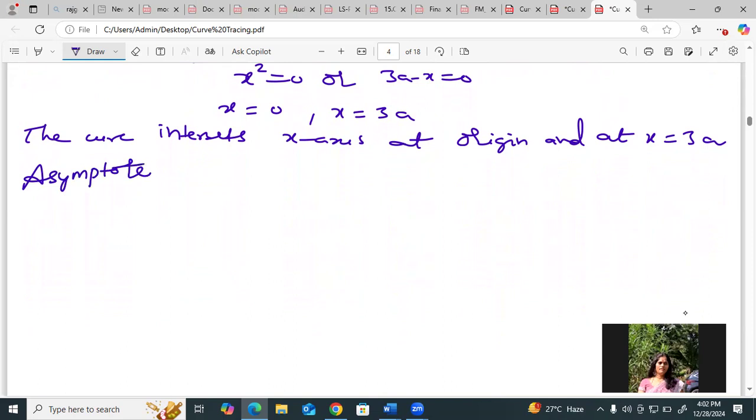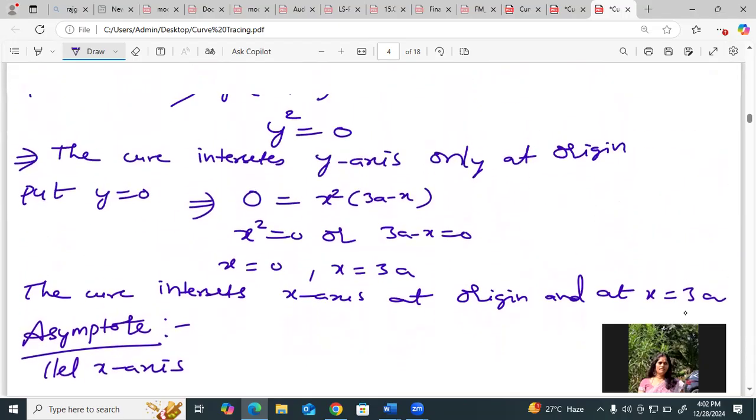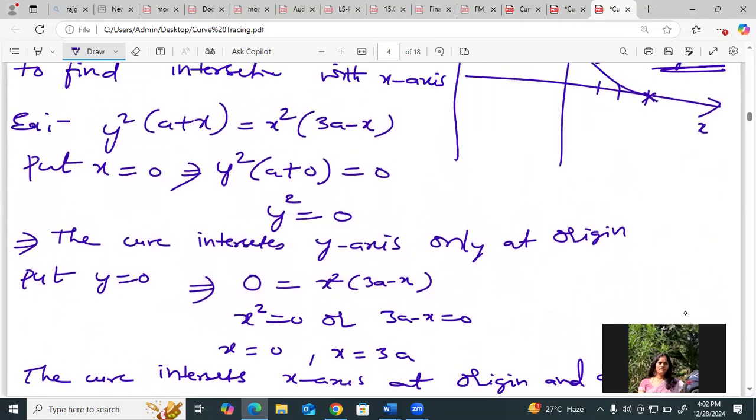How will I find asymptotes? First, parallel to the x-axis, I will check. For this, I take the highest degree term coefficient of x and equate it to 0.